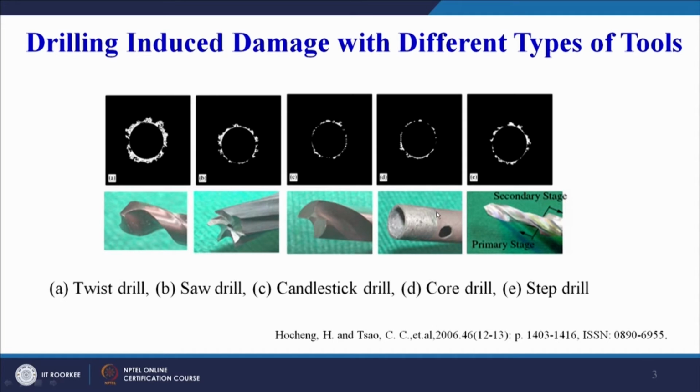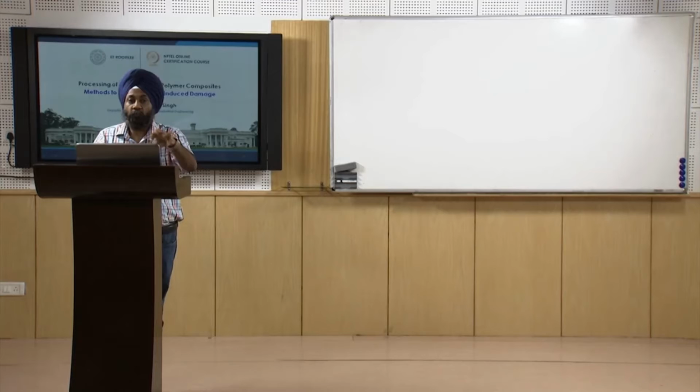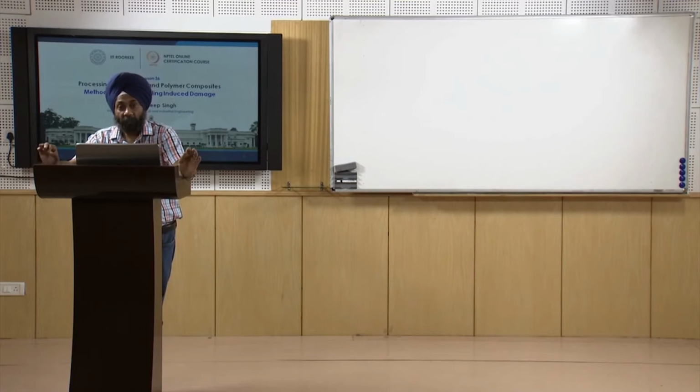But scientifically, to quantify the damage around the hole, there are a number of tools and techniques. One of the best techniques to quantify the damage around drilled holes is non-destructive dye penetrant testing. We can also use an ultrasonic C scan to observe the area around the drilled hole. Here, just by visual examination, I can suggest that the twist drill leads to maximum damage and the core drill to minimum damage.